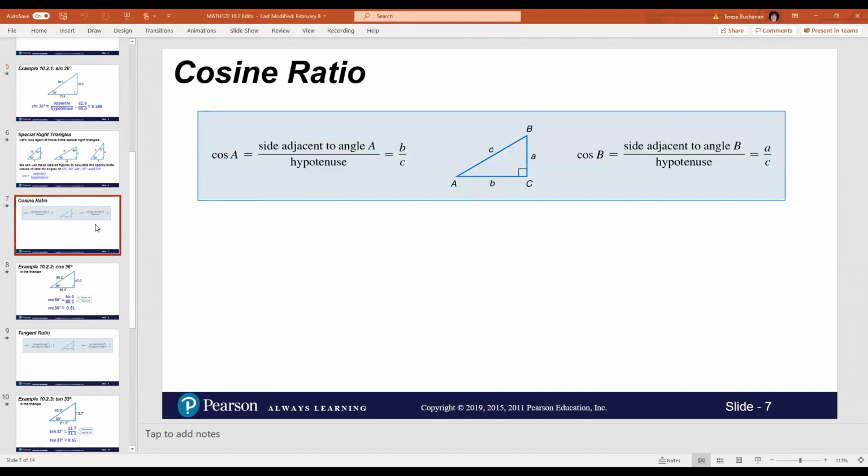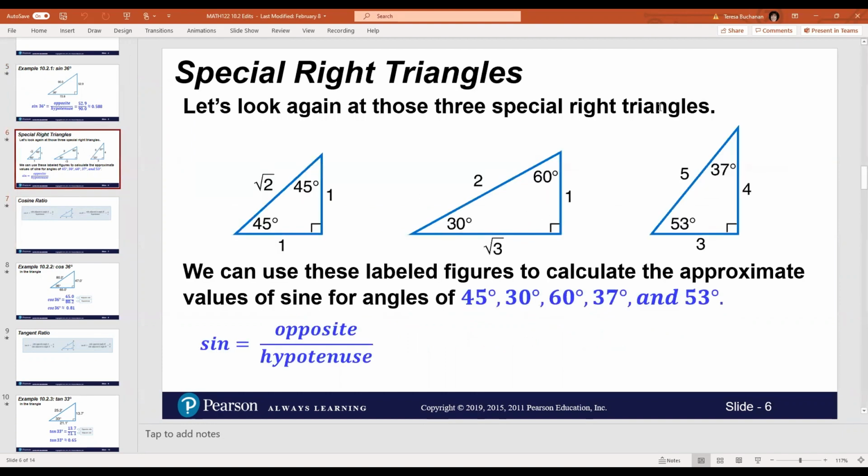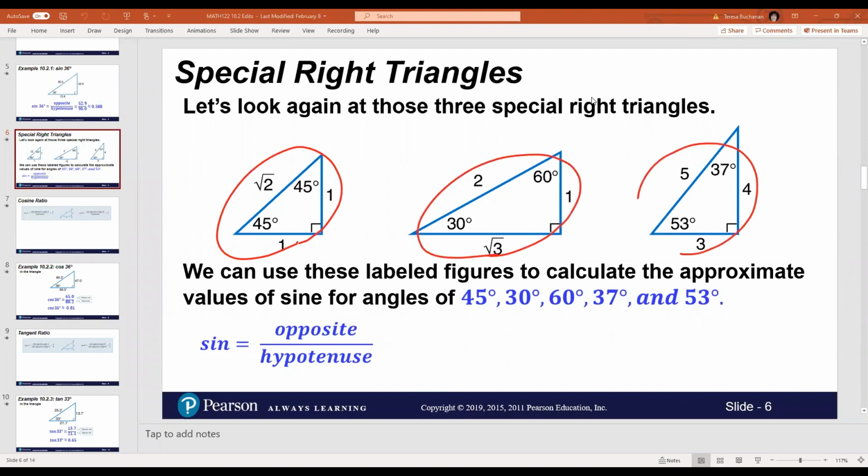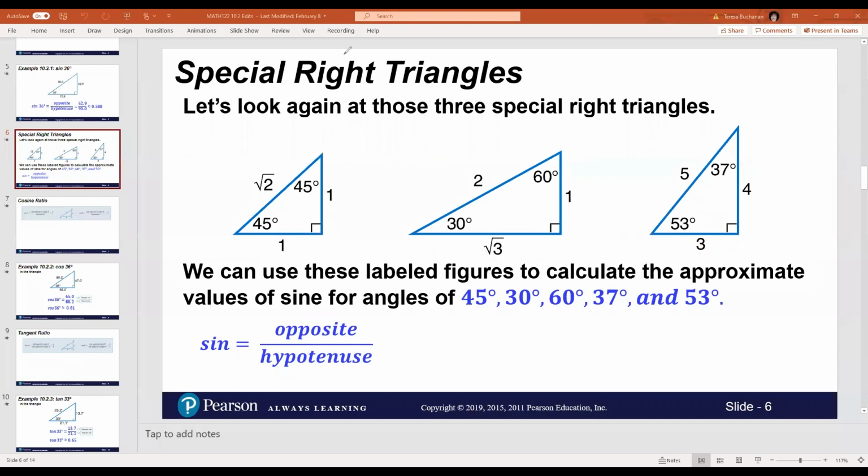Sorry, let me come back to where we were. So in terms of sine, we want to go back and look again at these special right triangles that we just discussed, the 45, 45, 90, the 30, 60, 90, and the 3, 4, 5, which is again referring to those side lengths, not the angles. We could use what we know about those to define the sine of all those angles.